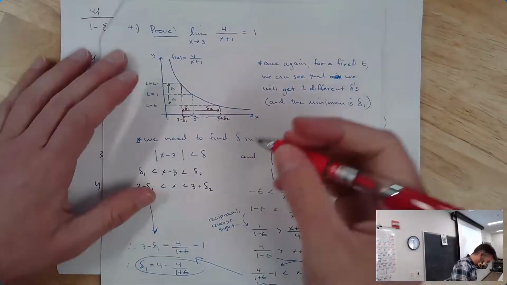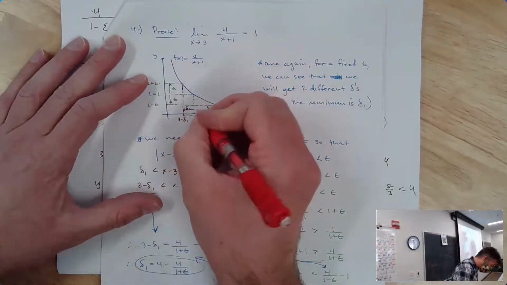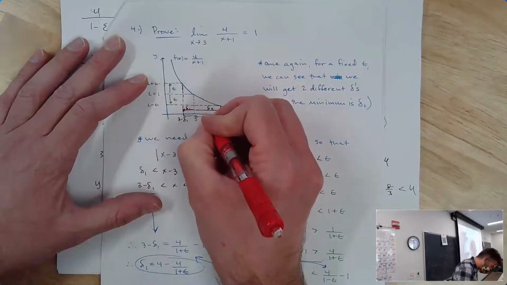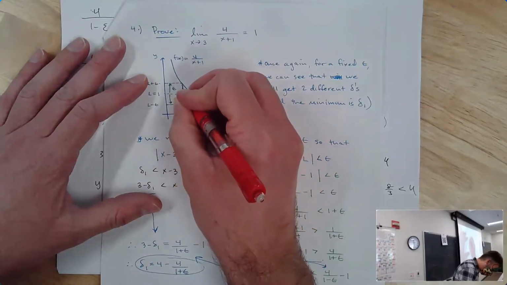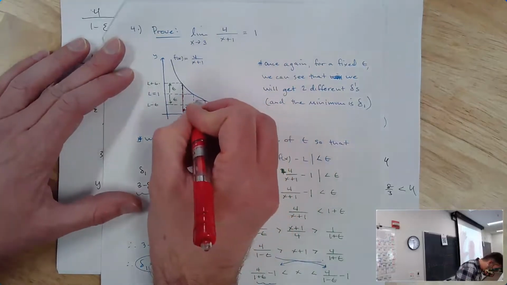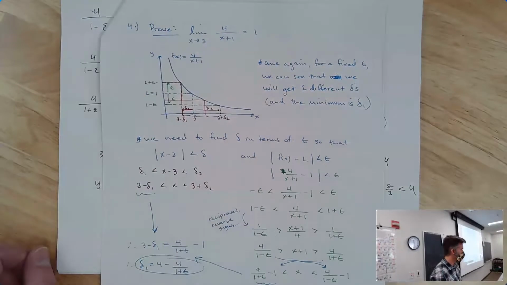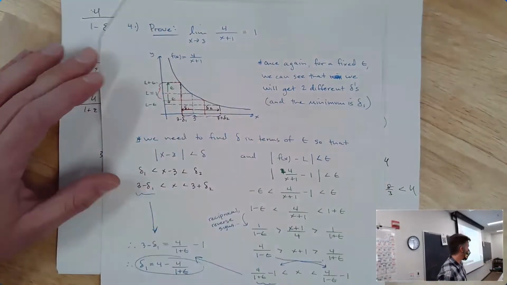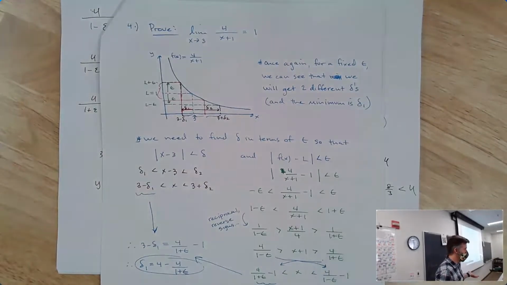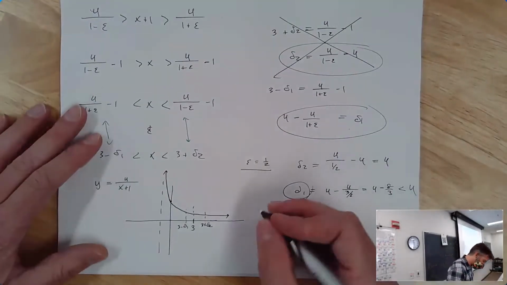But let me just point out, if we're within this delta 1 amount, and if we go that much to the left or that much to the right, we're definitely going to be within epsilon of our limit, right? We're going to end up living in there, which is totally in the prescribed range. So we're just going to write the words that say that. It's not a lot to write, actually.